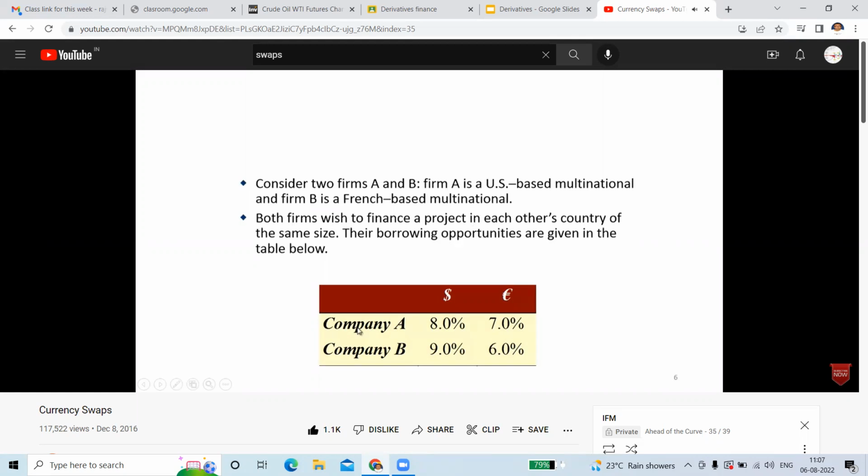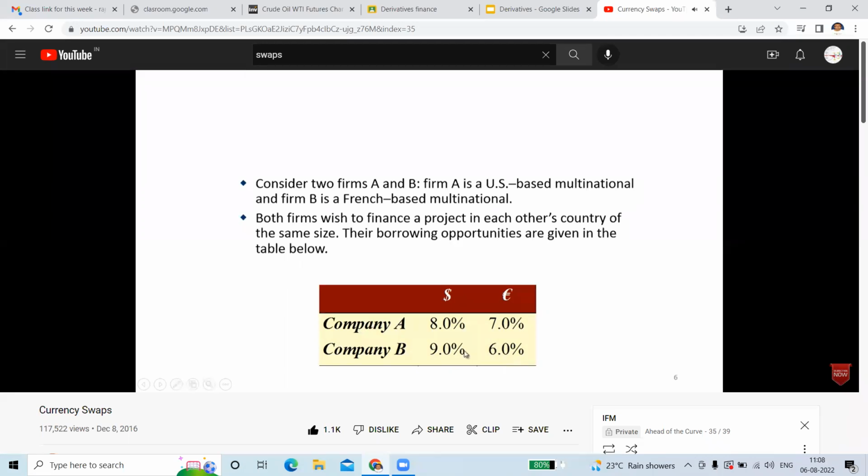So company A can borrow at an 8% rate in the U.S. market and can borrow at 7% if they're borrowing in euros. Company B, if it wants to borrow in the U.S. market, pays a 9% rate, but company B pays a 6% rate when they borrow in their local markets in euros.